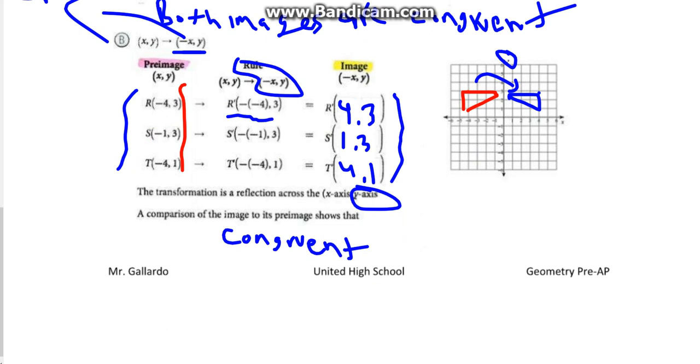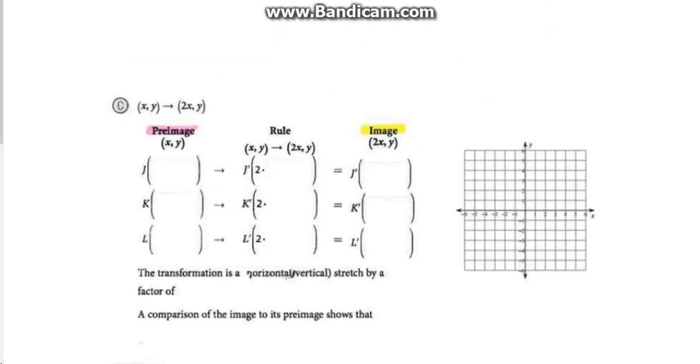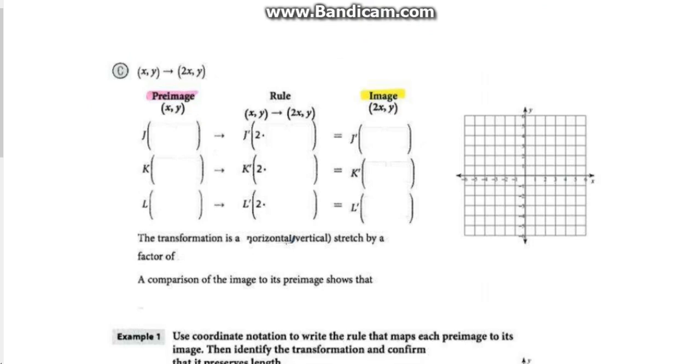Moving on to the next example. Here we have another kind of rule. Now we have a number in front of the letter. We're going to multiply whatever x is. You don't have points, so I'm going to go ahead and write them.